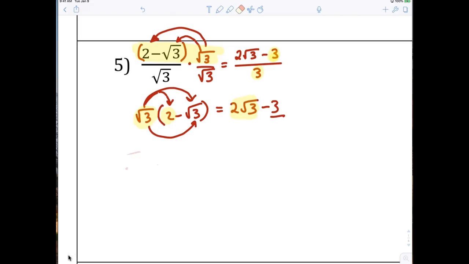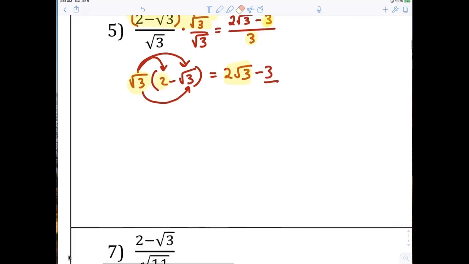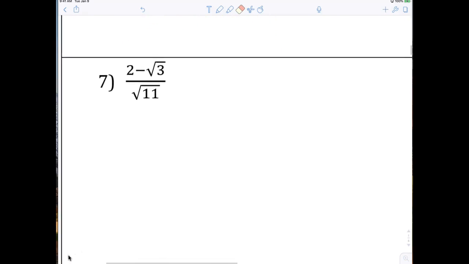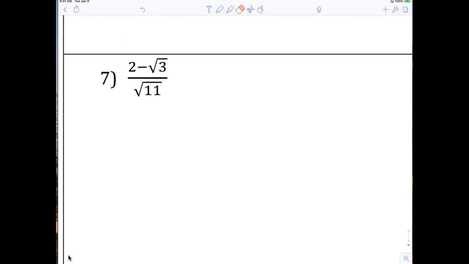All right, here we go. Keep concentrating. Cole, you with me? All right, number 7. What am I multiplying the top and bottom by? Radical 11. So is it 2 radical 11 minus radical 33 over 11? That's how simple. I'm listening.